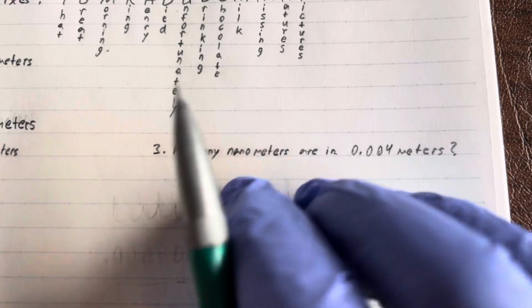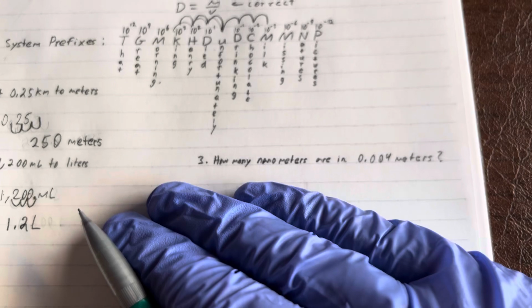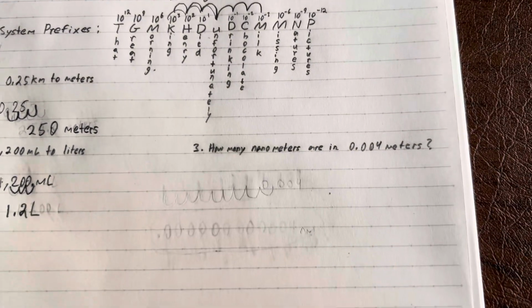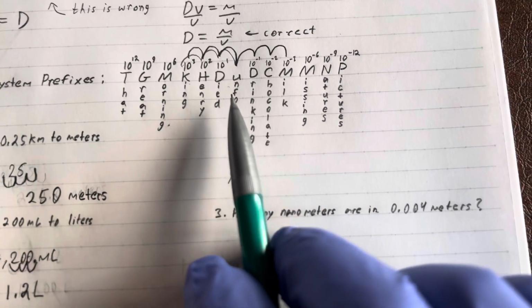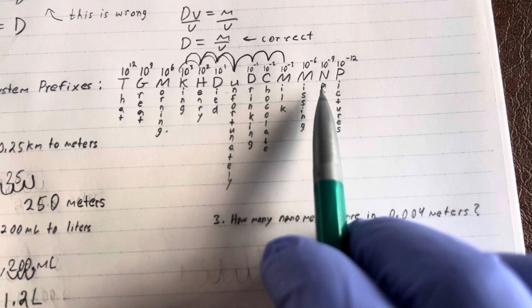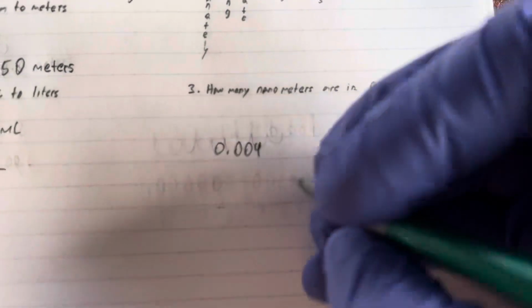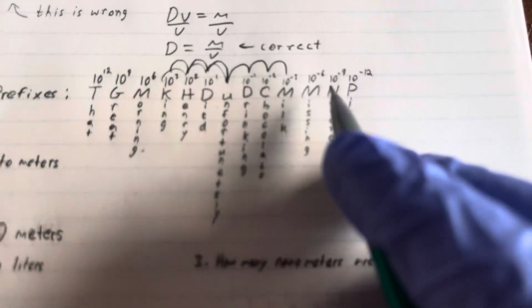How many nanometers are in 0.004 meters? For this one, you're going from meters to nanometers, so you're moving to the right this time. We're starting with 0.004 meters, and we want to get to nanometers, which are right there.